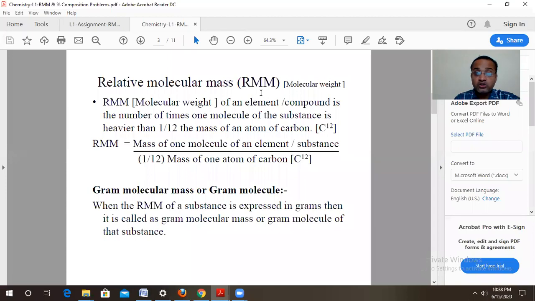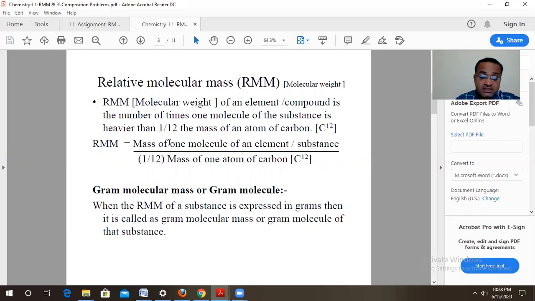Now, relative molecular mass. Now see, friends, relative atomic mass was related to one atom and this relative molecular mass will be related to one molecule. So relative molecular mass of an element or a compound is the number of times one molecule of a substance is heavier than 1/12 the mass of an atom of carbon.